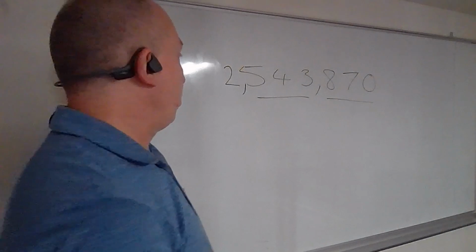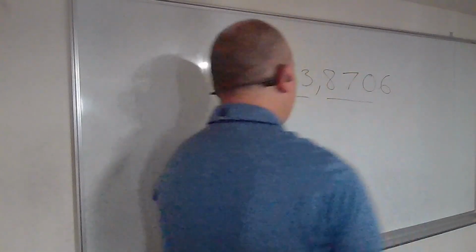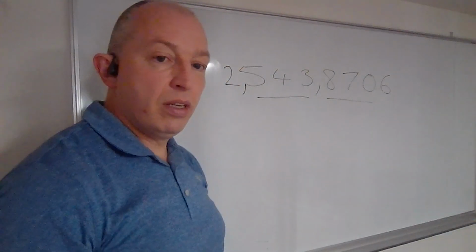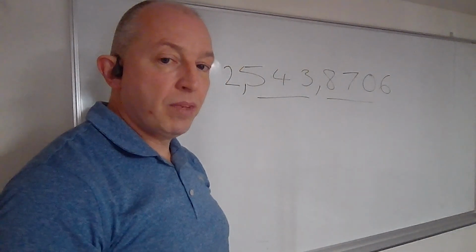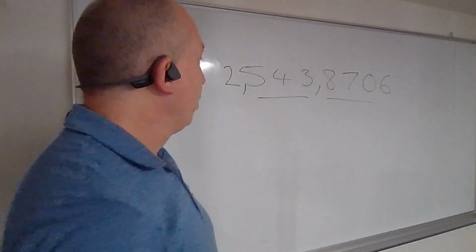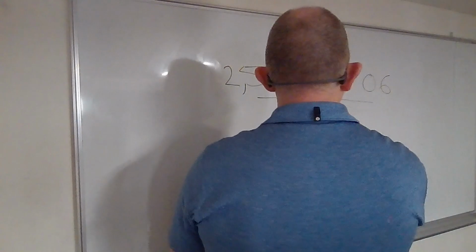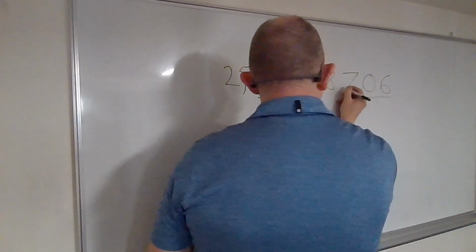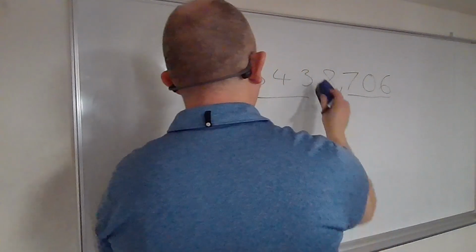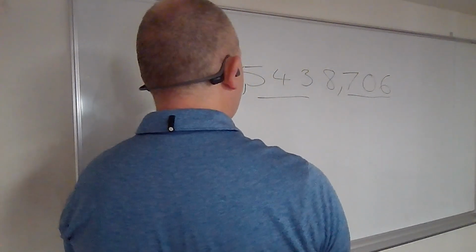We'll do a larger number. Right, now, are the commas in the right place? Let's take a look. Well, we need to have three numbers on the end. And we'll put a comma here. Then we need to have three more numbers.